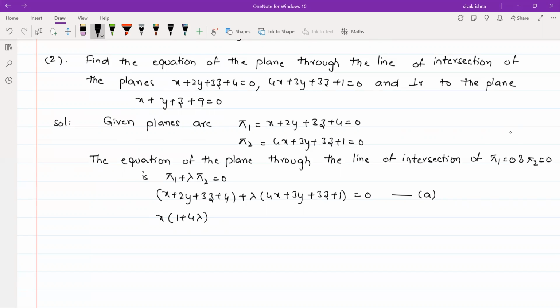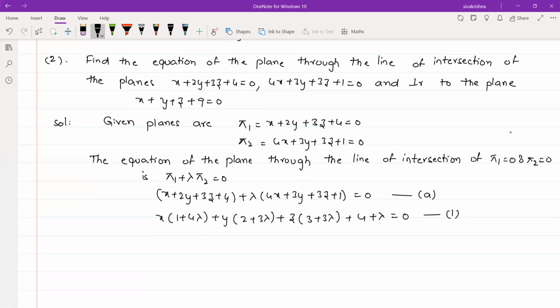Coming to the y term, when you take y common, we get 2 plus 3 lambda. Coming to the z term, if we take z common, we get 3 plus 3 lambda. And finally the constants are 4 plus lambda is equal to 0. So treat this as equation 1.